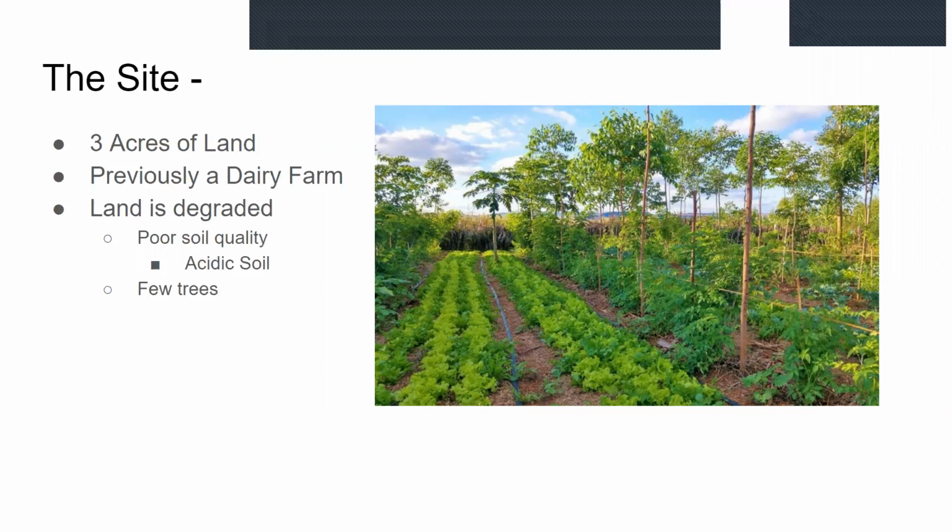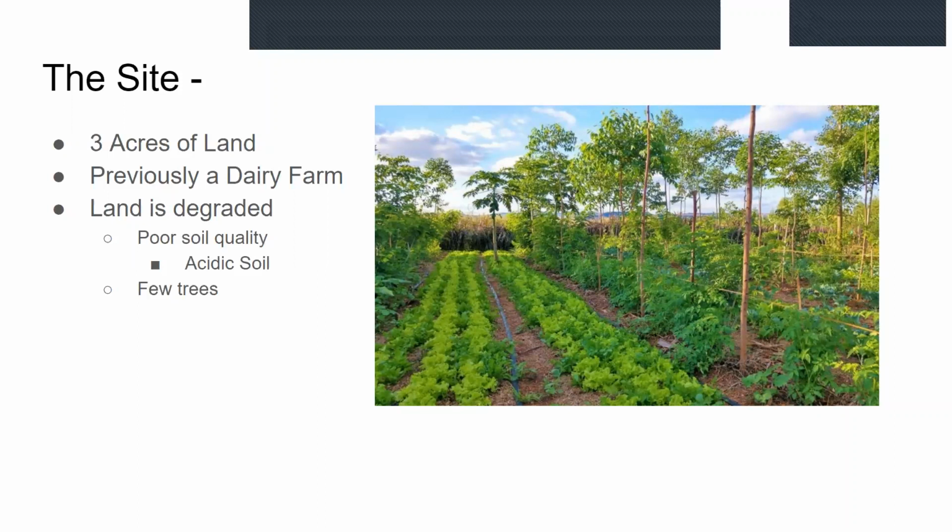Additionally, we have a number of pine trees that border the outside and drop their needles, making the soil very acidic and not able to grow that much.